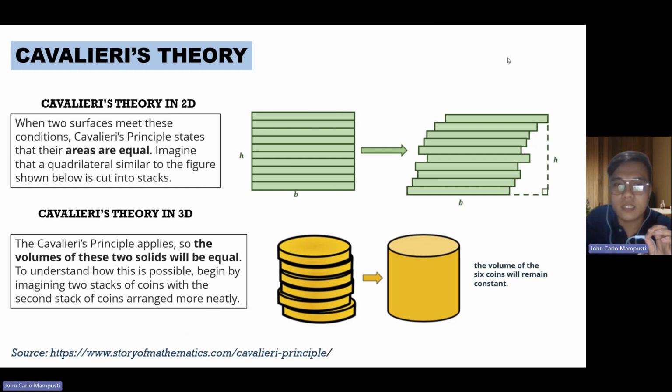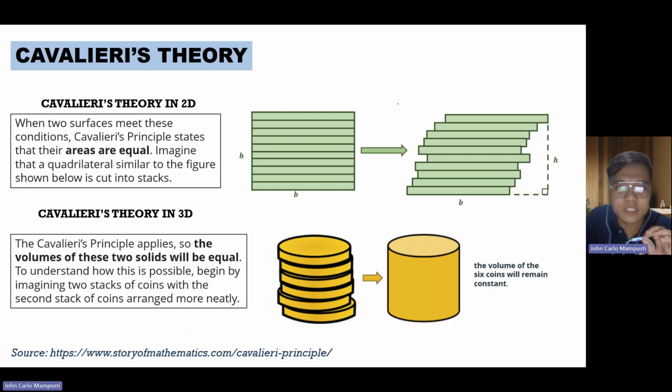Para mas maintindihan ninyo yung pinupunto ni Cavalieri, you're going to imagine a quadrilateral, let's say yung nandito, given yung height and base, which is cut into strips. If we're going to disarrange this one, yung area nito, yung nasa left, is just equal doon sa na-disarrange na strips.